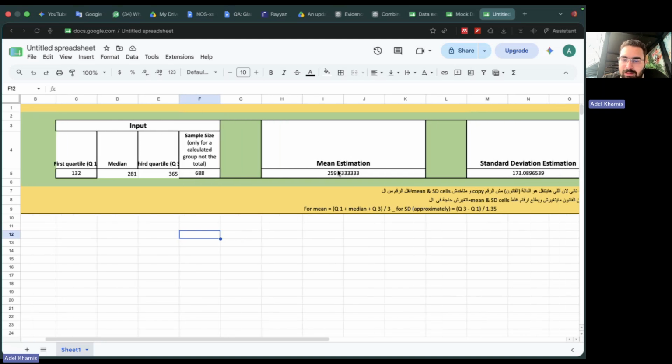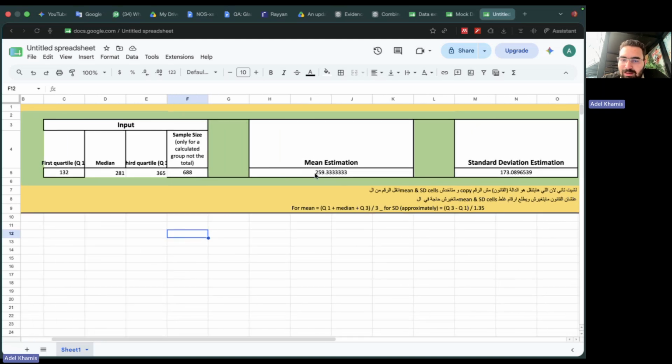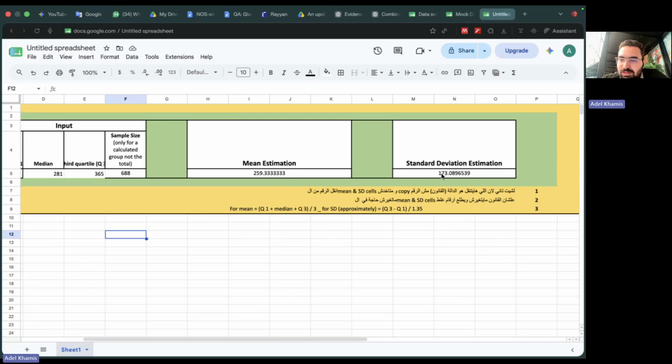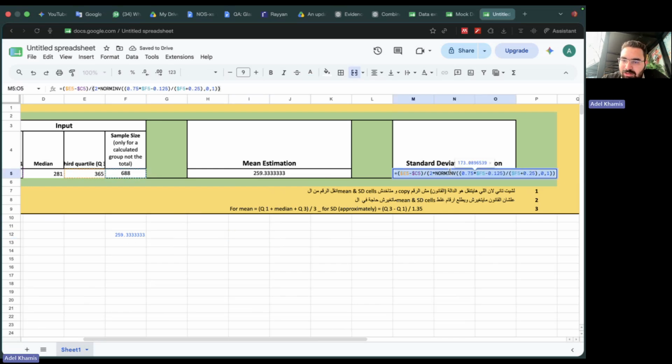This is the calculated mean and the standard deviation for them for the follow-up period. So these people, their mean was around 259.3 days, and their standard deviation was plus or minus 173.1, let's say. So you basically take them, copy and paste them into your data extraction sheet.